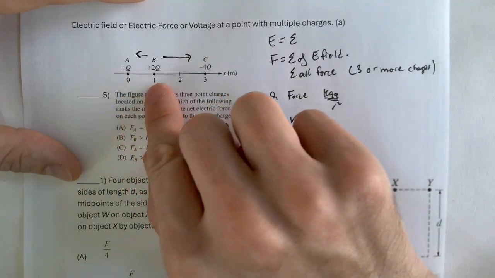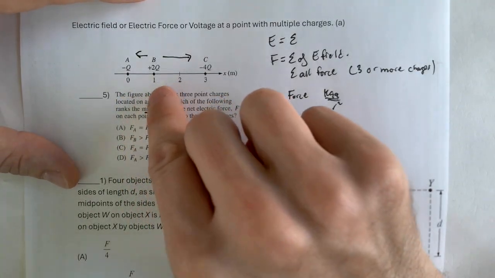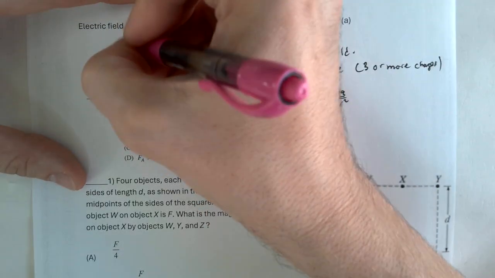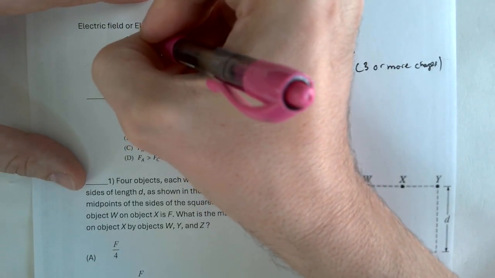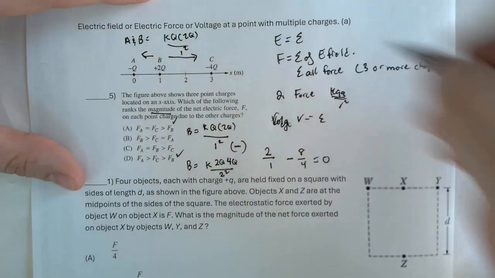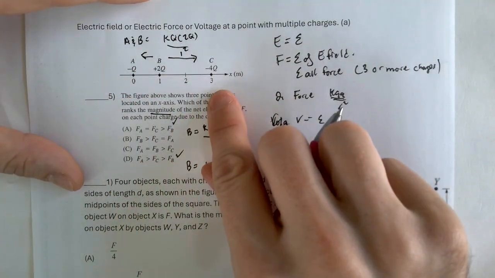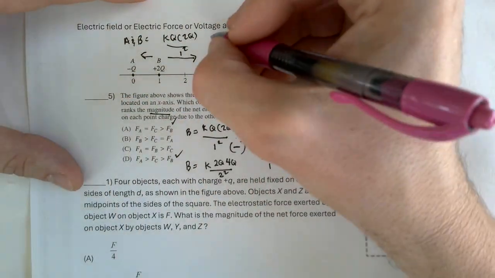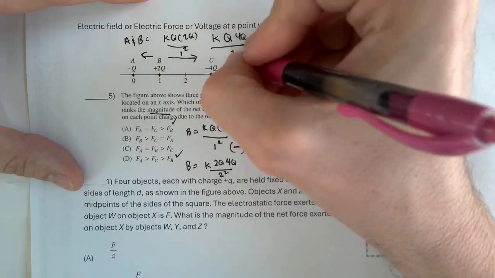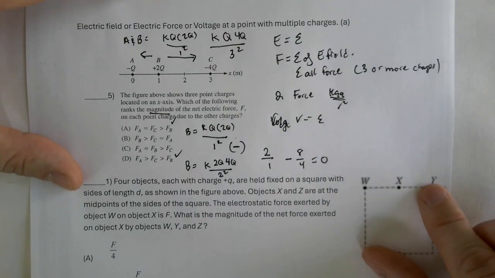Well, A is going to be attracted to B, and we already did that. It would be A and B, k, Q, 2Q over 1 squared. But A is also attracted to C, and C would be k, Q, 4Q, and then this one is 3 away. Okay?